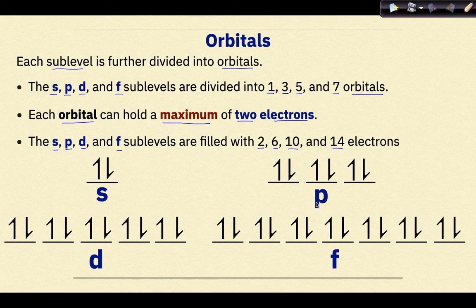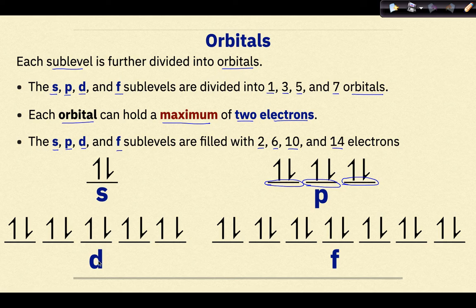Now with p, you have a maximum of 3 orbitals, and each orbital can hold 2 electrons. So this is an orbital, this is an orbital, and this is an orbital. So p is associated with 3 orbitals. Each orbital can hold 2 electrons max. So the maximum number of electrons that you can have in the p sublevel is 6.